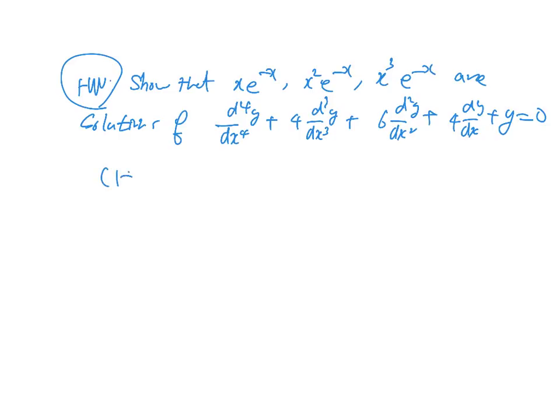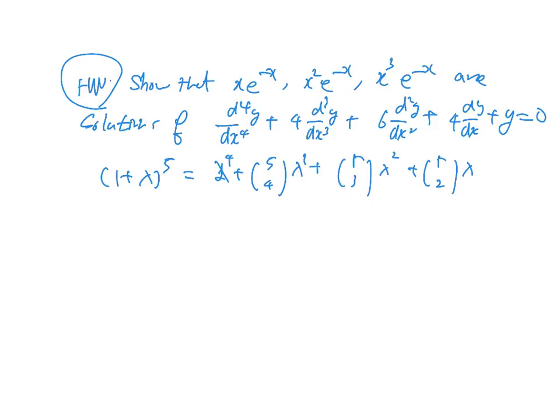What is (lambda plus 1) to the 5? Anybody remember this formula? Binomial expansion. 1, 5, 10, 10, 5, 1.